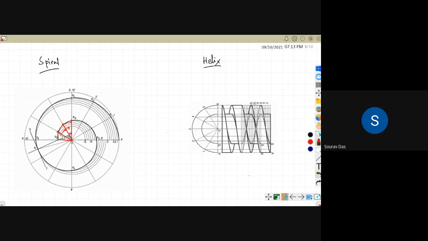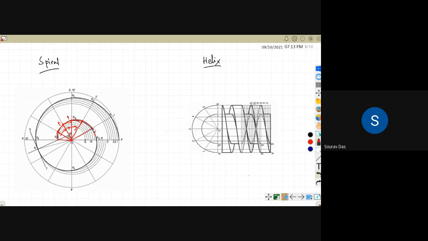So the definition is that a line is rotating about one of its ends, and at the same time a point is also moving continuously in one direction. When the line has reached here, this point, which was supposed to be here, also moved by this amount.